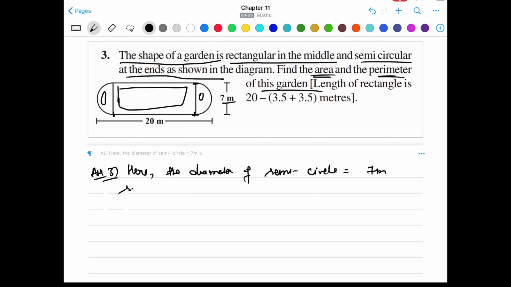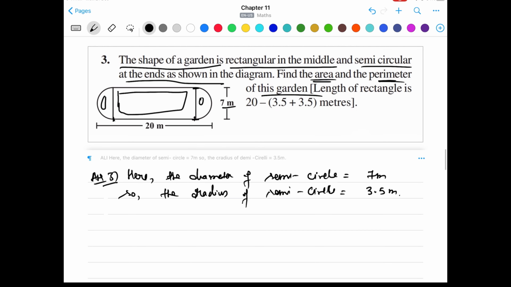Therefore, the radius of semicircle will be half of this width, that is 3.5 meter. If the diameter is 7, the radius will be half of this, which is 3.5 meter.